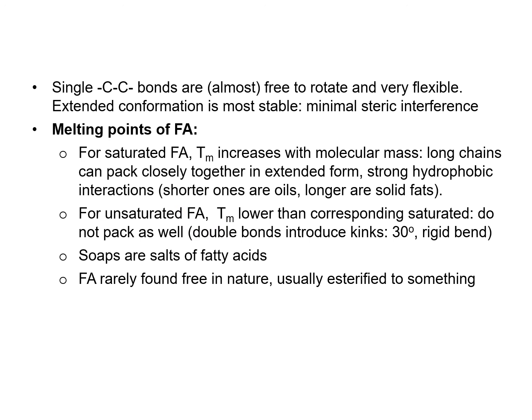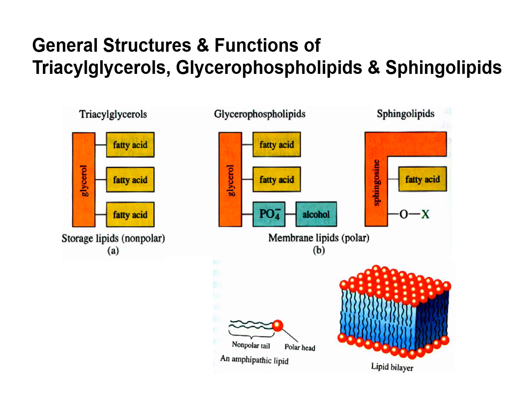And soaps are basically salts of the fatty acids, and fatty acids are rarely found free in nature, but usually they're esterified to something to be stabilized. Now let's take a look at other classes of lipids, which are triacylglycerols and glycerophospholipids, as well as sphingolipids.